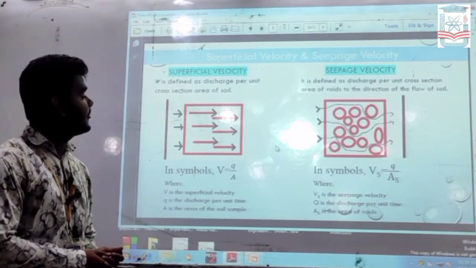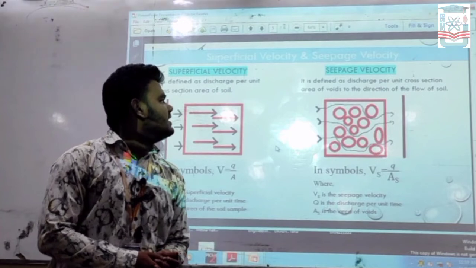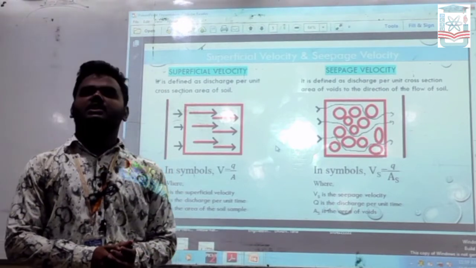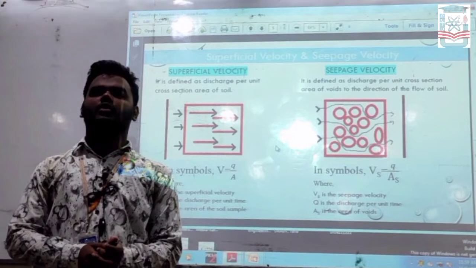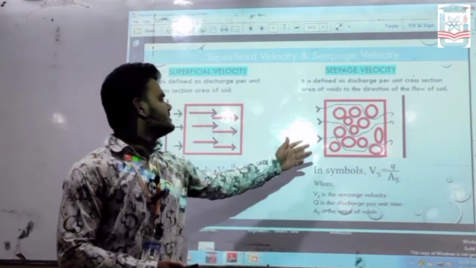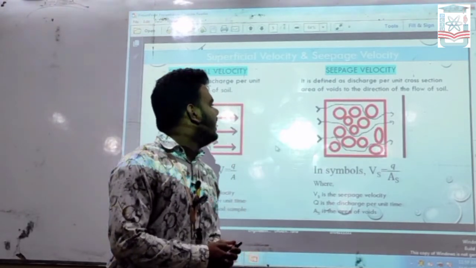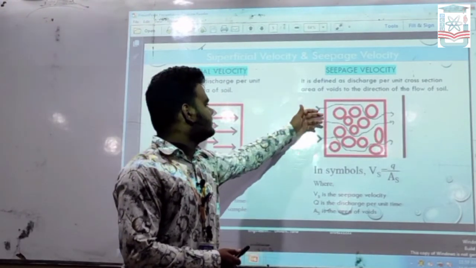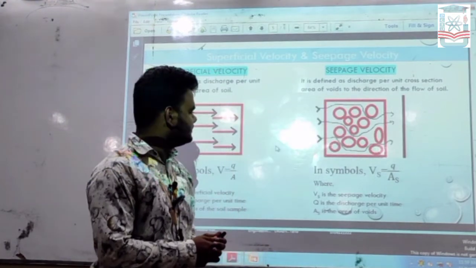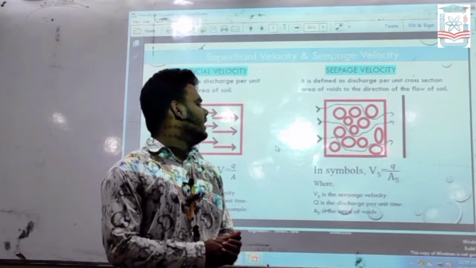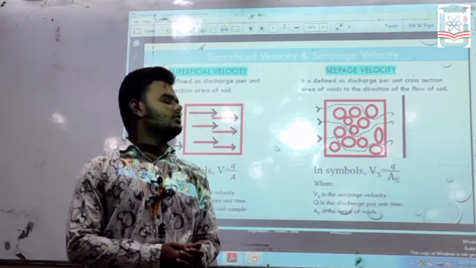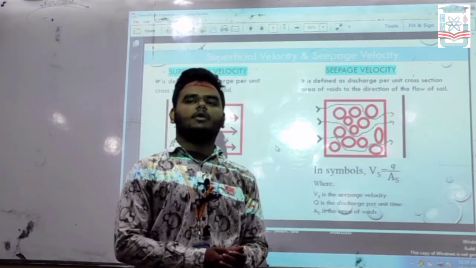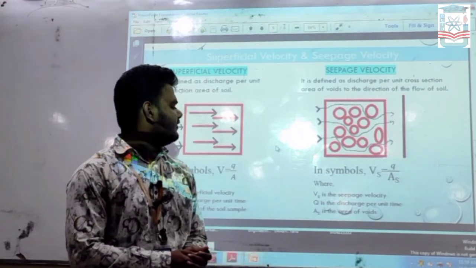Then seepage velocity. Seepage velocity is defined as the discharge per unit cross section area of voids in the direction of flow of the soil. In this picture we can see the water flowing in this direction, and the water particles flowing through the voids. In symbols, Vs equals Q by As, where Vs is the seepage velocity, Q is the discharge per unit time, and As is the area of the voids.